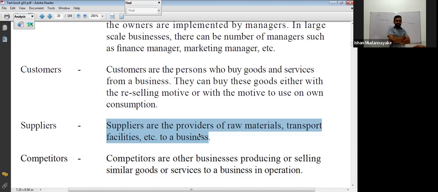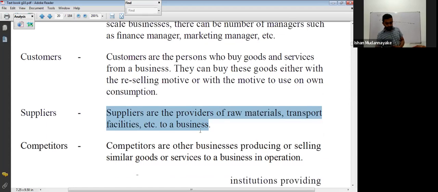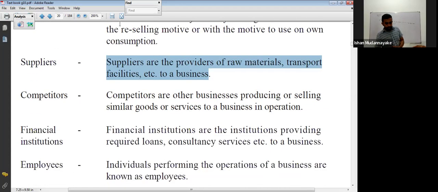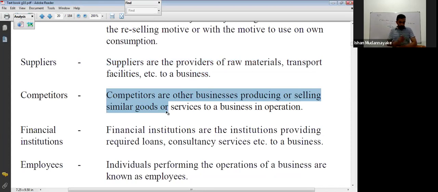Then competitors. Abdullah, read the note on competitors. Competitors are other businesses producing or selling similar goods or services to the business in operation.